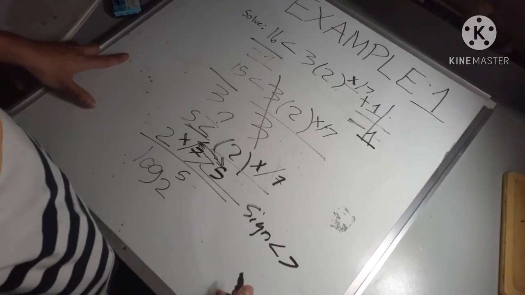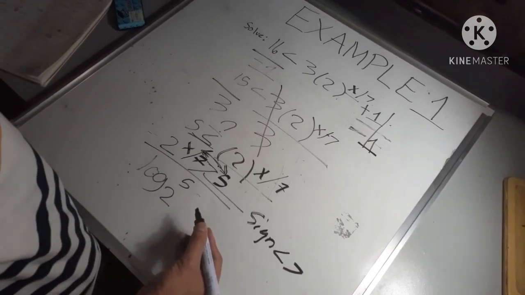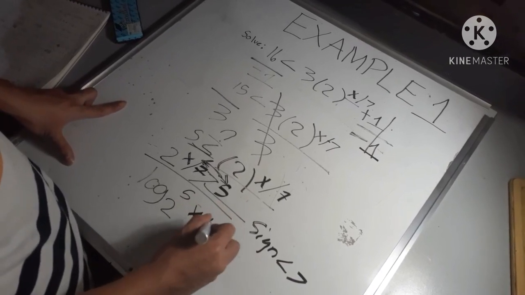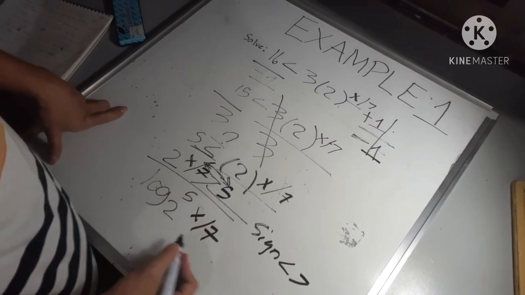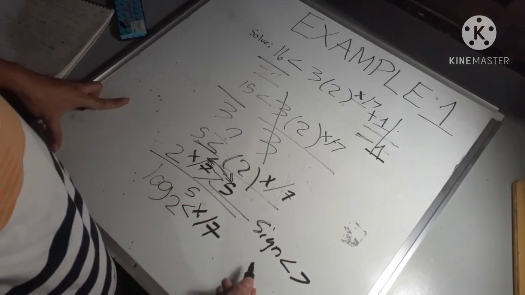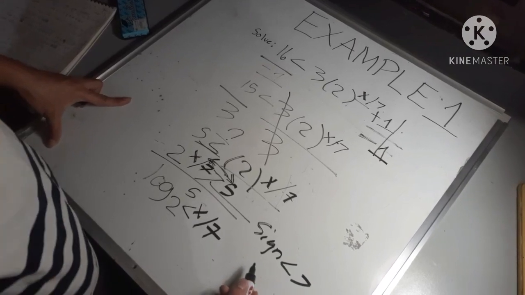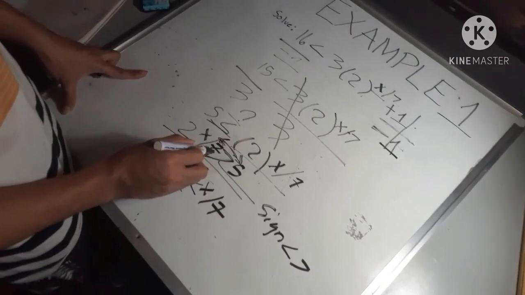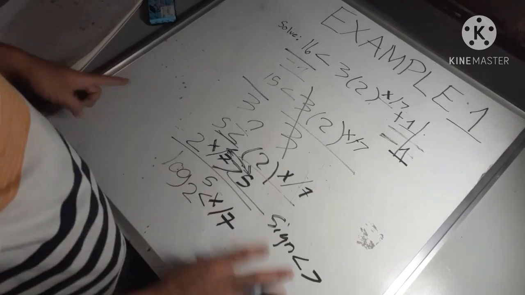In here, we need to follow where the sign is. You need to switch it to where x over 7 belongs. Now, as you can see, it changed to less than because the sign here is facing the 5, and I just followed it.